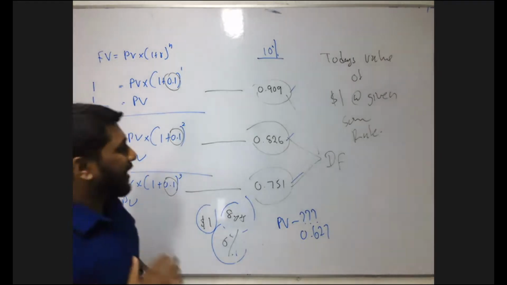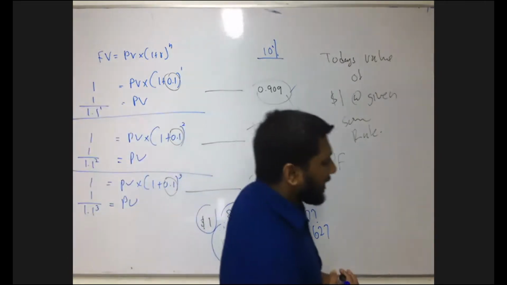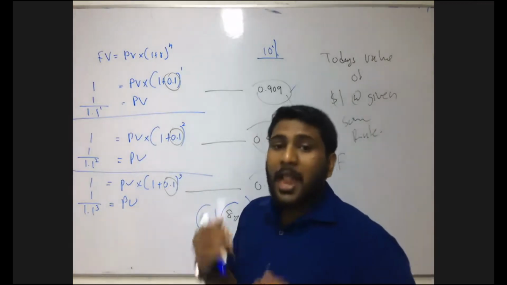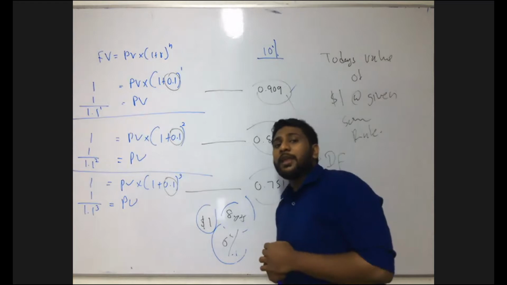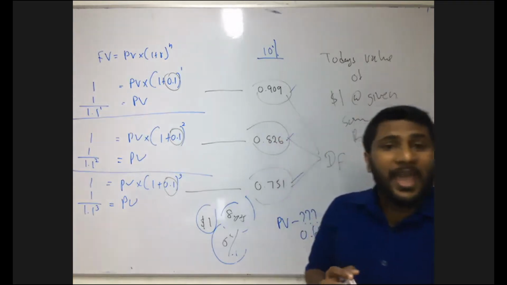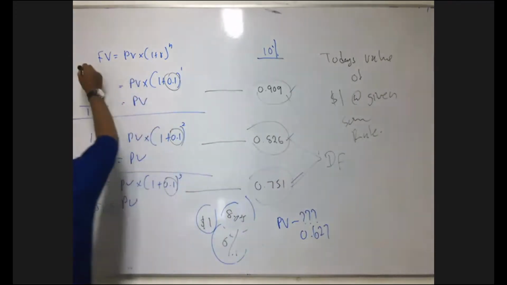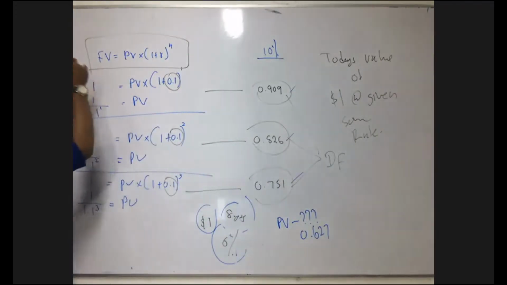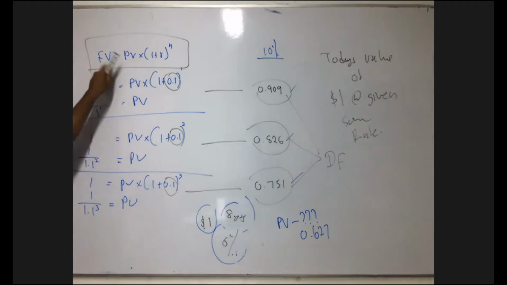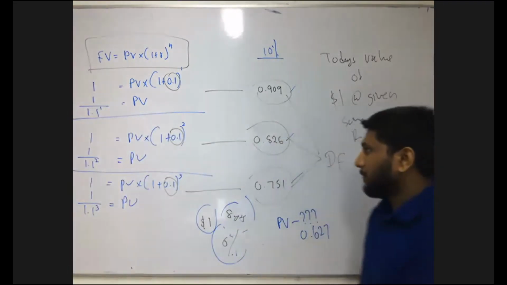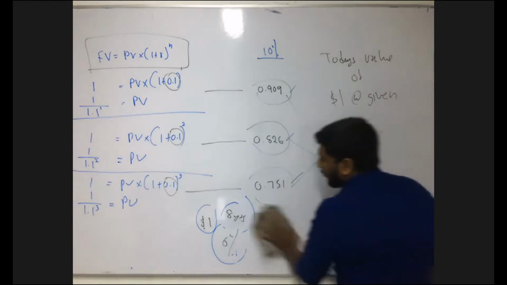Calculate the present value of the cash flow using this formula. Quickly do it, everyone, and tell me the answer to the nearest whole number.